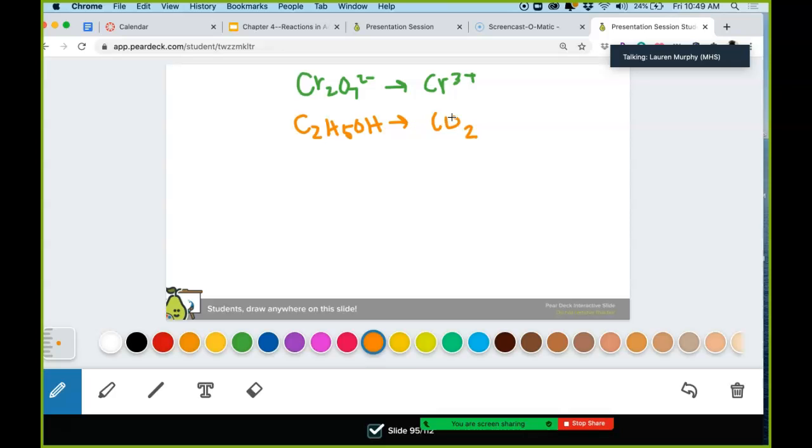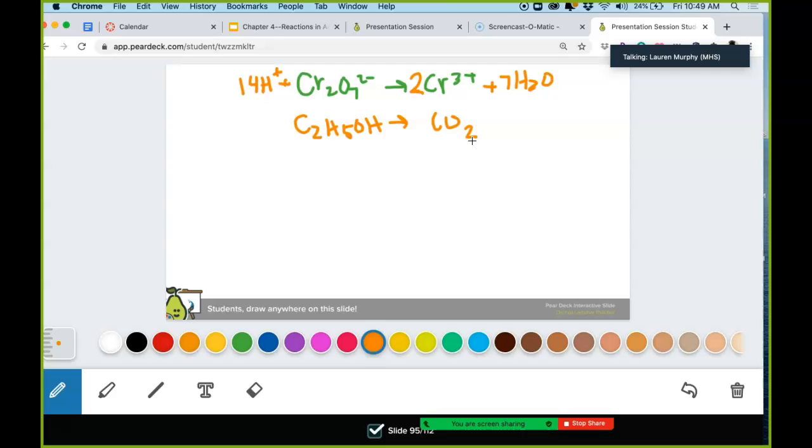All right, first thing you do, balance all elements other than oxygen and hydrogen. So I see 2 chromiums right here, so I have to put a 2 here. Next thing you balance are oxygens, and you balance oxygens by introducing waters, 7 H2O. So that's 7 waters. That gives me 14 hydrogens.